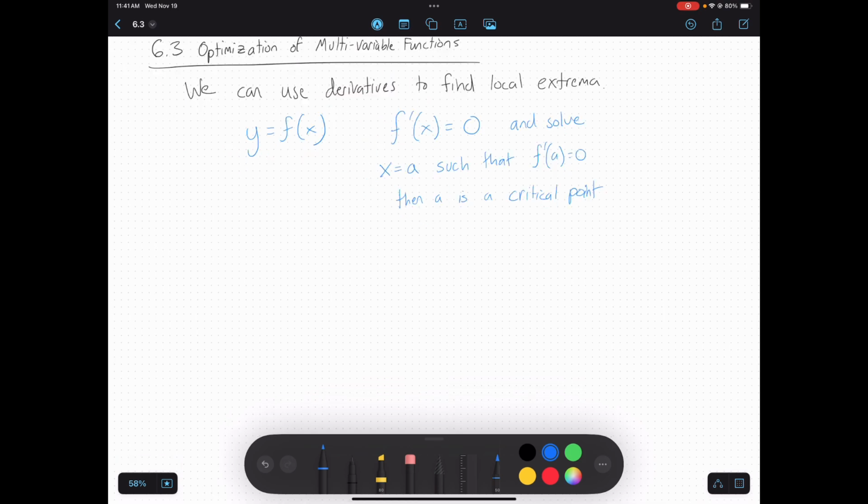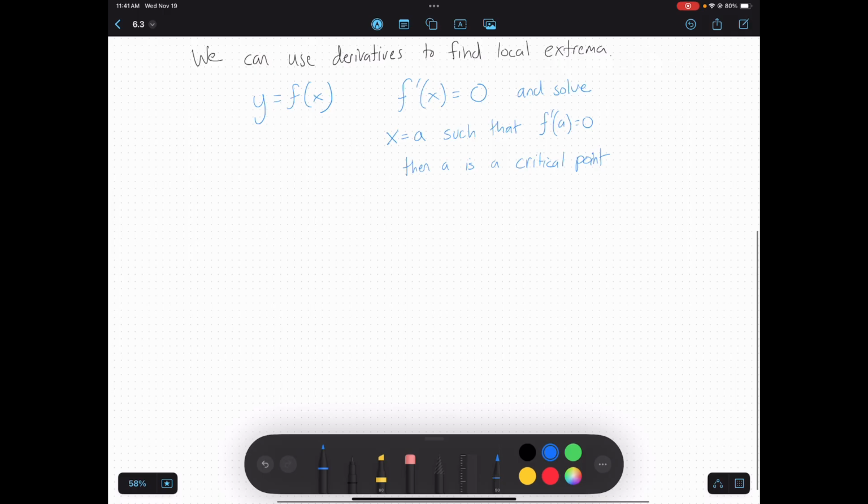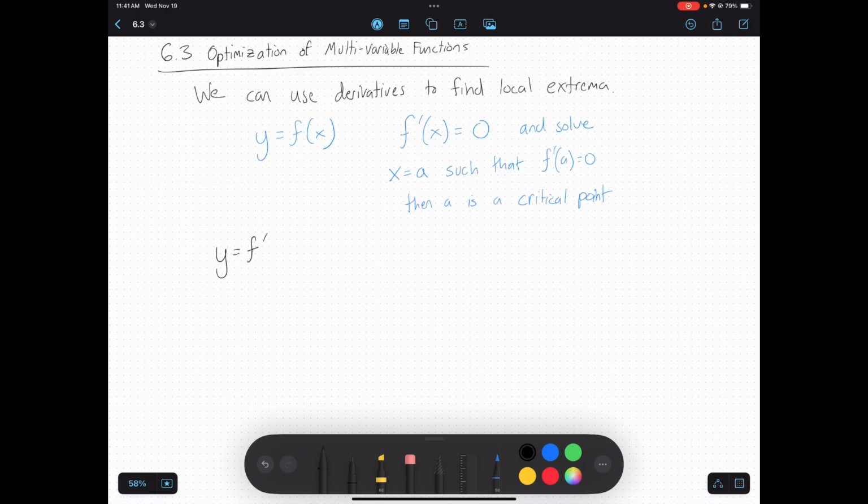Well, the process is very similar with multivariable functions. If I have a multivariable function, then I can take the derivative in 2 different ways. I can take the partial derivative in terms of x and the partial derivative in terms of y. And I'm going to look for critical points where both of these partial derivatives are equal to 0. So I can set both of these partial derivatives equal to 0 and solve them.